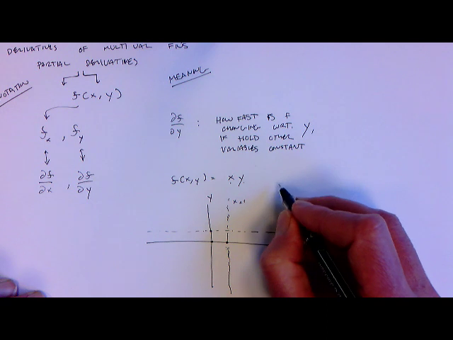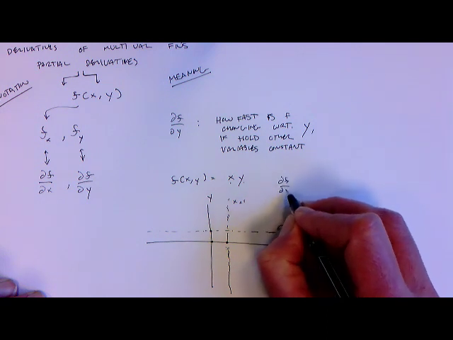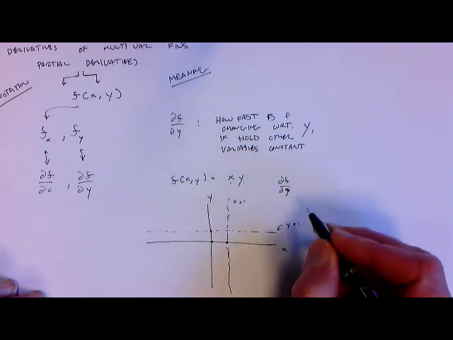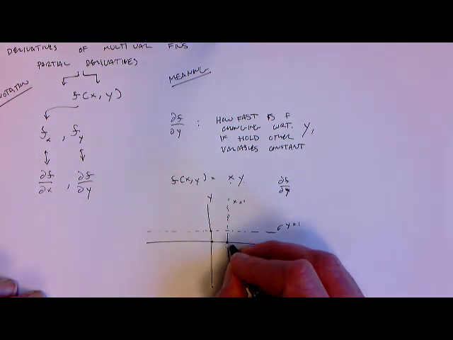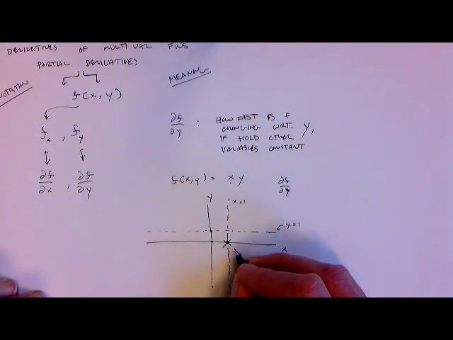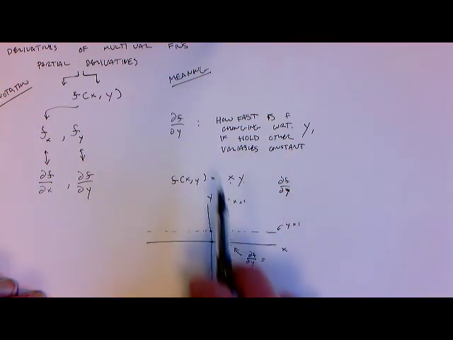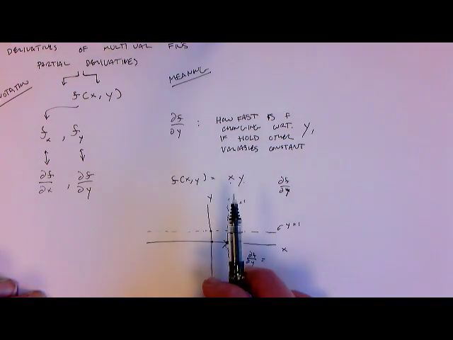So when I ask what's the partial derivative with respect to y, I need to ask that question for some given point. If I ask the question here, what's the partial derivative with respect to y, that tells me how fast the function is changing if I were to walk in this direction along the constant x line, along this contour of x equals 1.